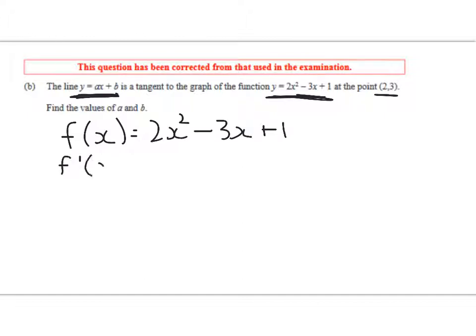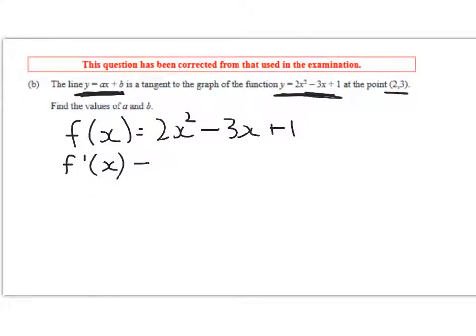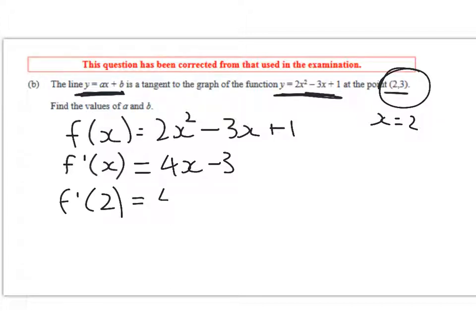f dash of x, the gradient function, is equal to 4x minus 3. We're interested in the gradient of the tangent when x equals 2. So f dash of 2 is equal to 4 times 2 minus 3, which is 5.